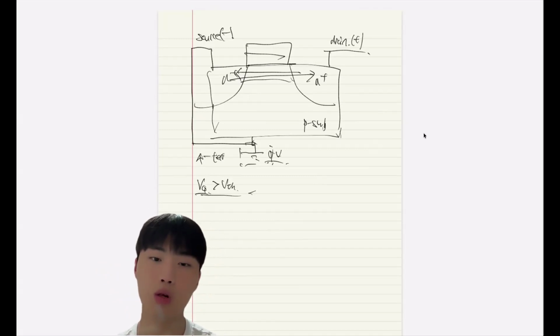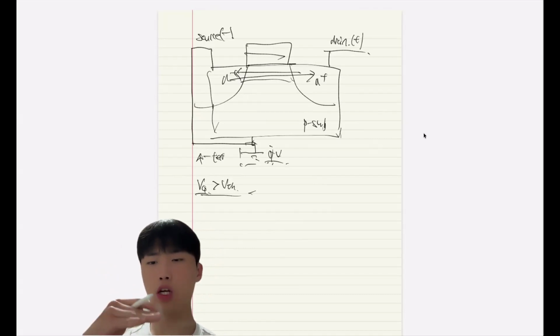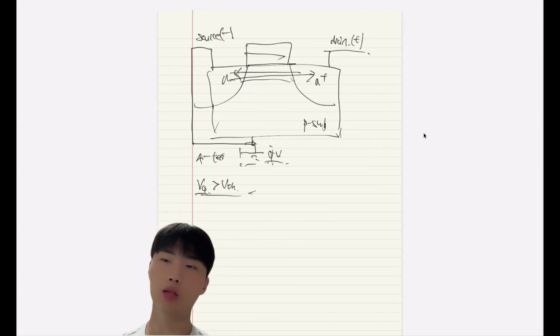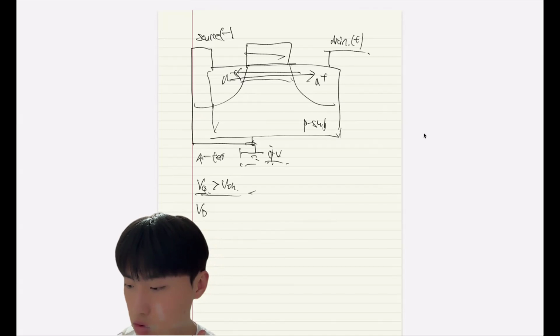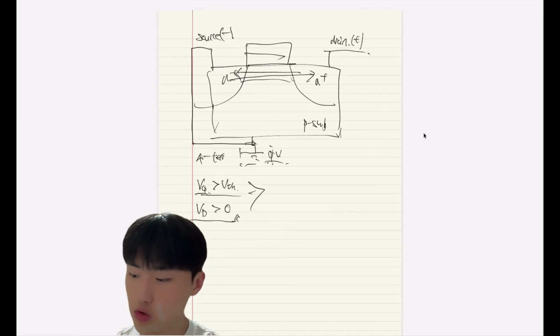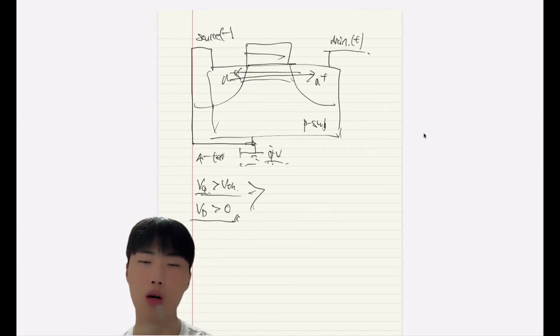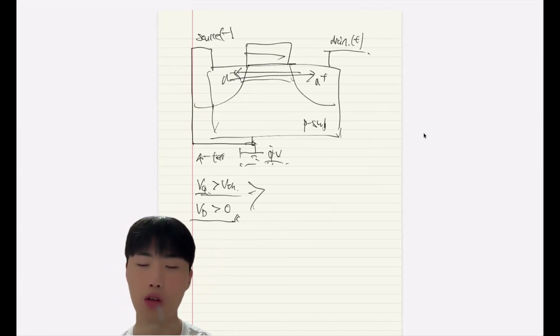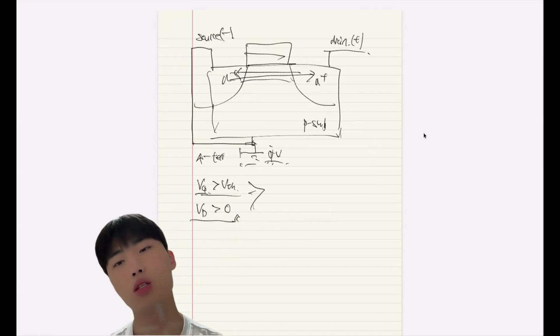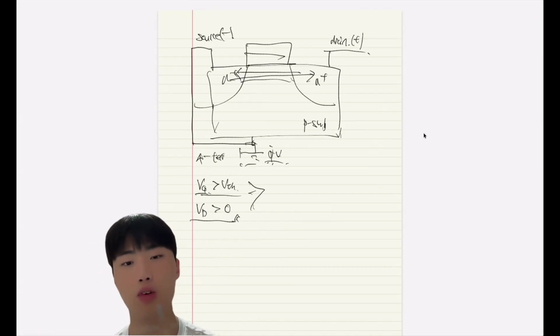When the gate bias is bigger than the threshold voltage, the channel will form on the surface part, and then we have to put the drain voltage on the positive side. These two are the criteria for current flowing. So this was a simple talk about the MOSFET.